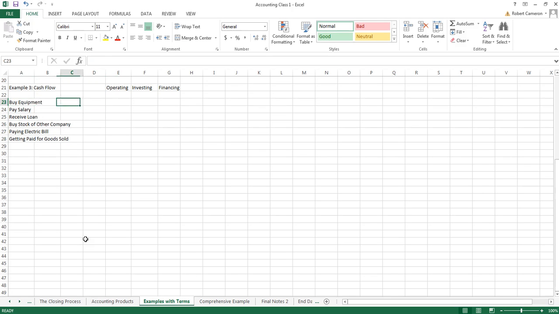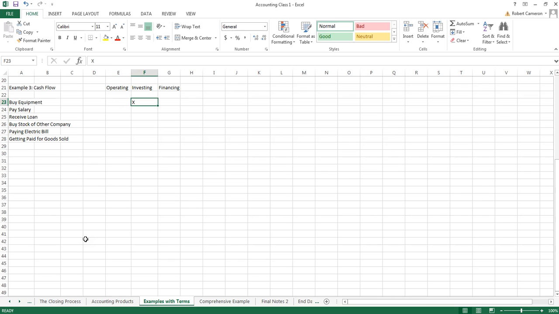But I just wanted to stop, pause, and go over a little bit of what we learned. So in the statement of cash flows, let's say these are all cash transactions. Is it operating, investing, or financing? You buy equipment. What is it? It's investing, because it's sort of like you're investing in your own company.